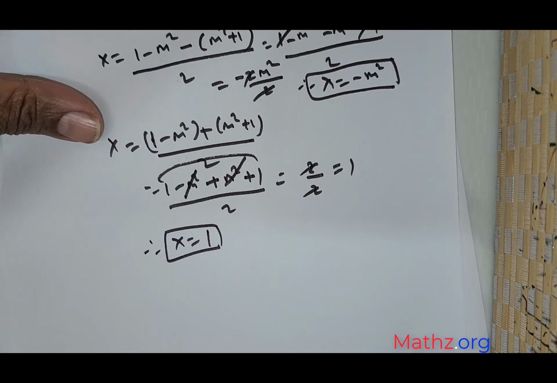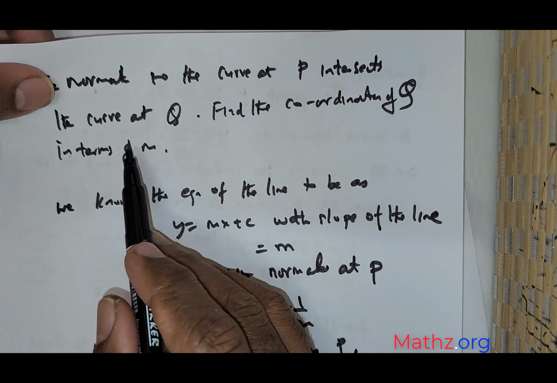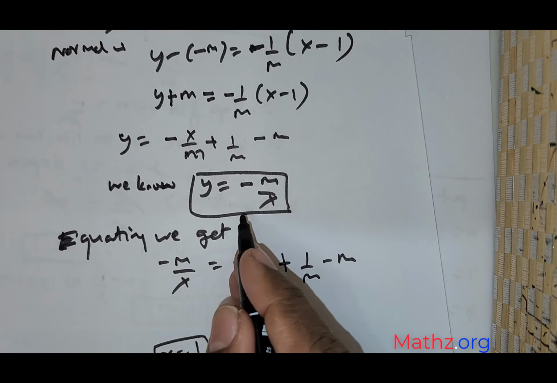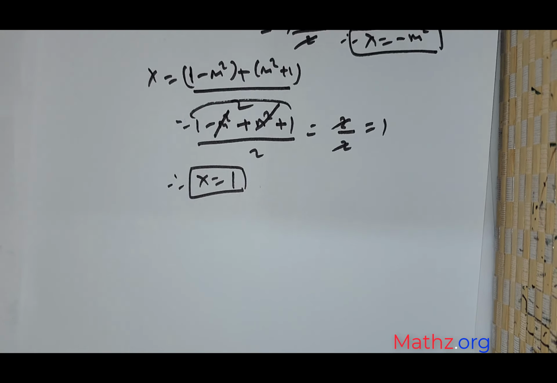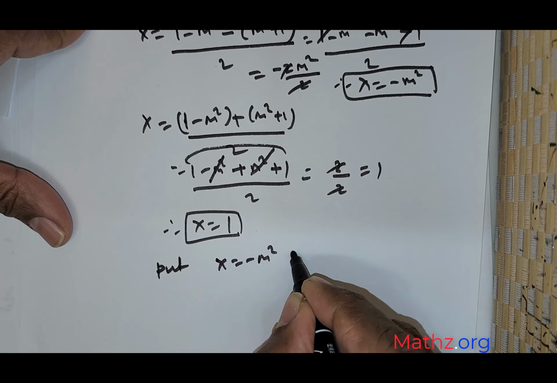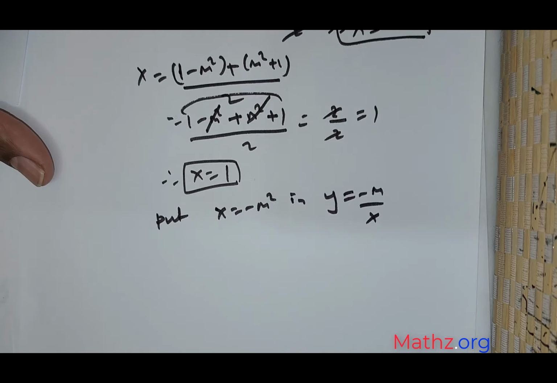Now if you would have seen our y, the requirement is to find the coordinate of q. Now what is our y? Y is negative m over x. So put x equal to negative m squared in y is equal to negative m over x.